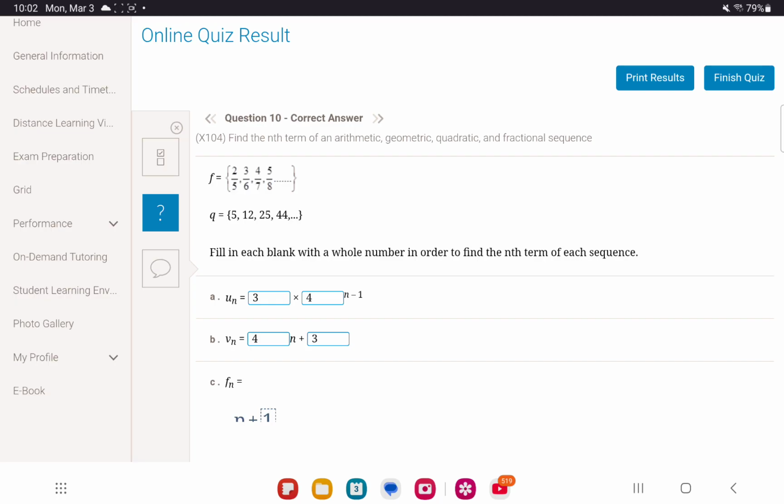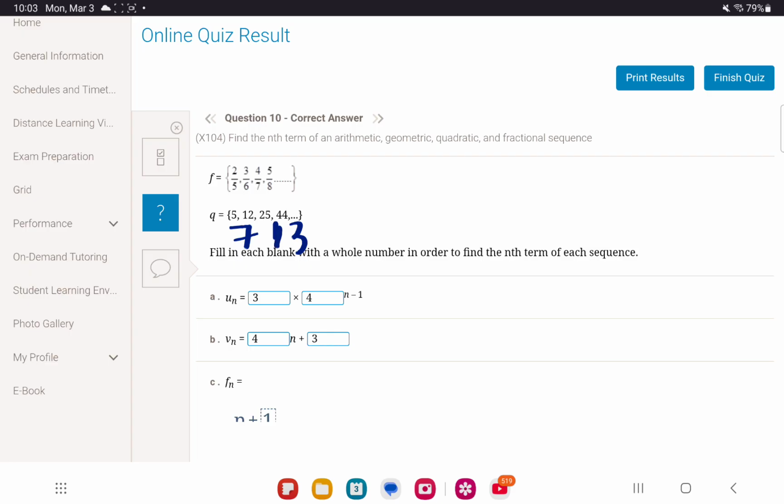Then 25 divided by 12, you get 2.83333. That means it's not a geometric progression. Now you do 12 minus 5, you get 7, and then 25 minus 12, you get 13. That means it's not an arithmetic progression.